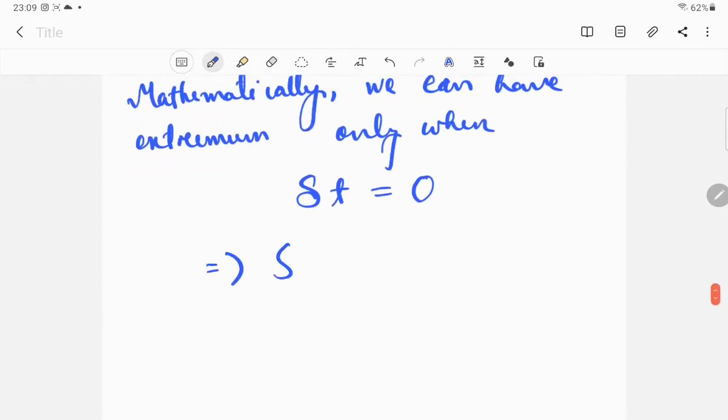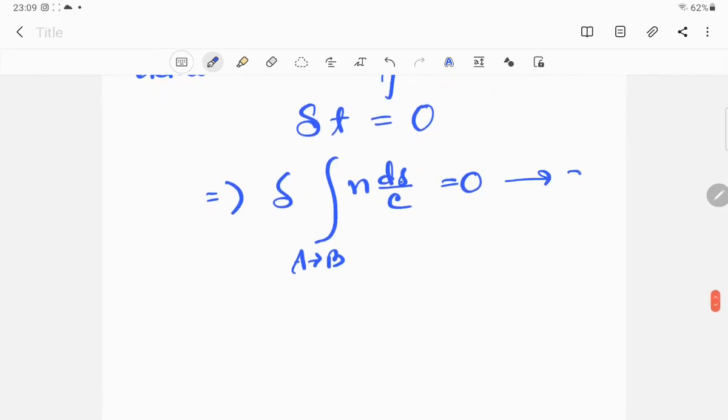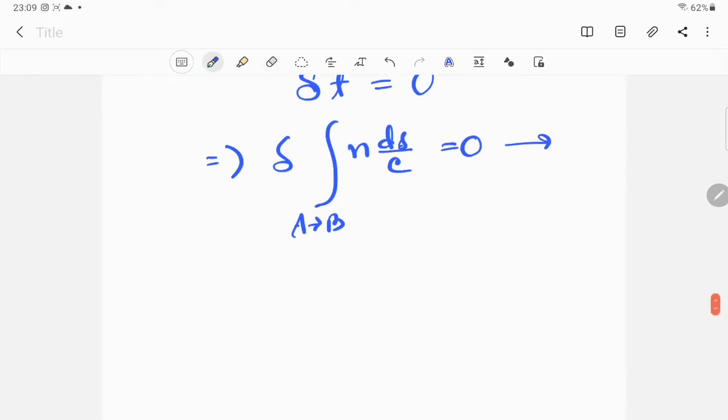So del t means the integration from a to b of n ds by c equals 0.